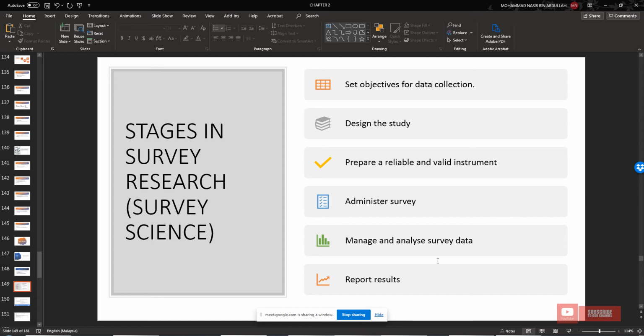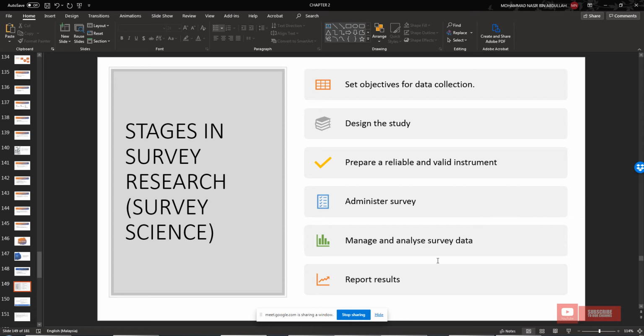So I want to measure the knowledge of residents in Perak about dengue fever, and I want to know the attitude of respondents about prevention of dengue fever, and I want to know what the current practices of the respondents are. So this is the objective that I set for my data collection.